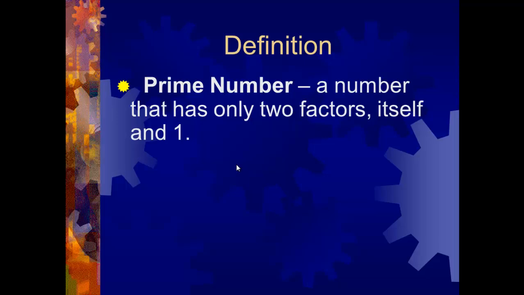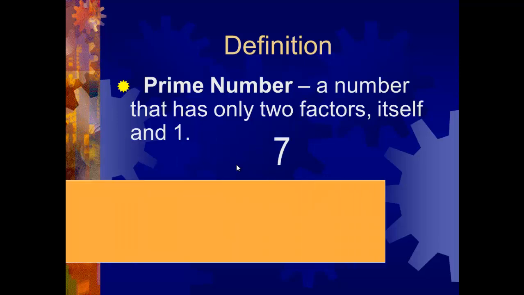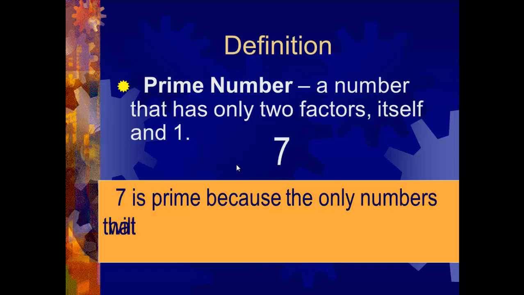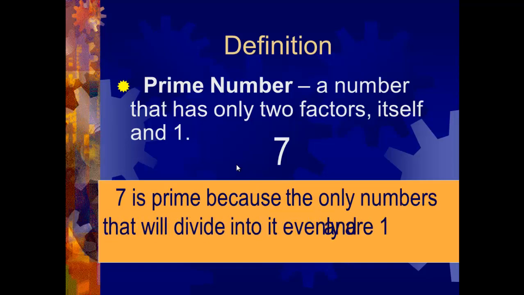3. 1 by 3. So here 1 and only itself. 2 factors only. Like we have here 7. 7 is 1 multiplied by 7 equals 7. So we have here 2 factors, 1 and 7. 7 here is a prime because the only numbers that will divide into it are 1 and 7.